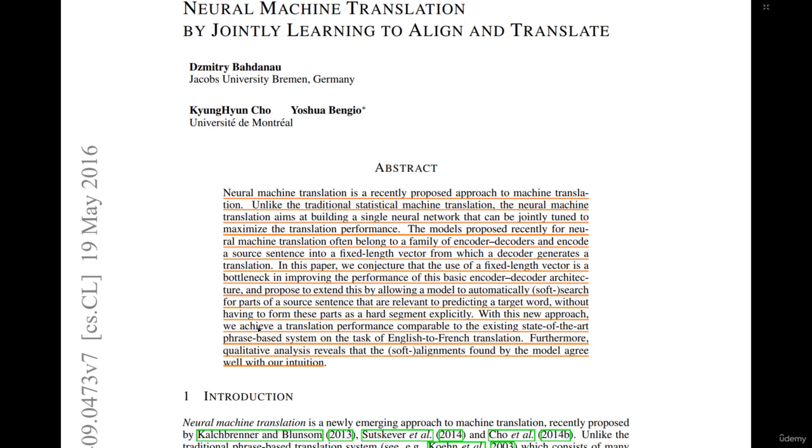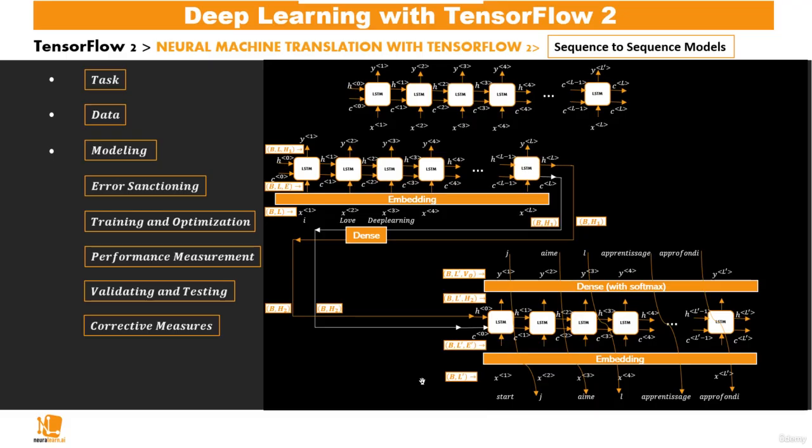With this new approach, we achieve a translation performance comparable to the existing state-of-the-art phrase-based system on the task of English to French translation. Furthermore, qualitative analysis reveals that the soft alignments found by the model agree well with our intuition.